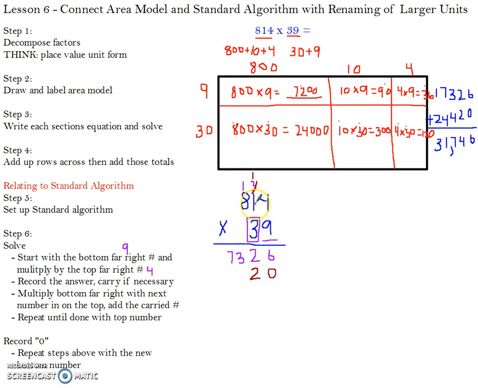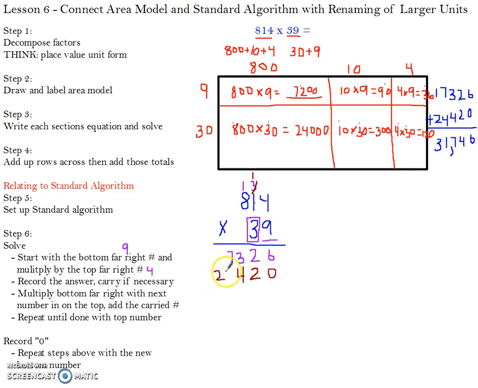And then do 3 times 1 plus 1, which would be 4. Then we move to our next number, and we don't have to carry anything here because the answer was 4. Then we do 3 times 8, which is 24, and we don't have anything to add, so we just record 24.